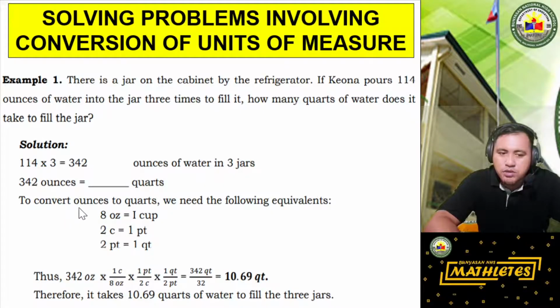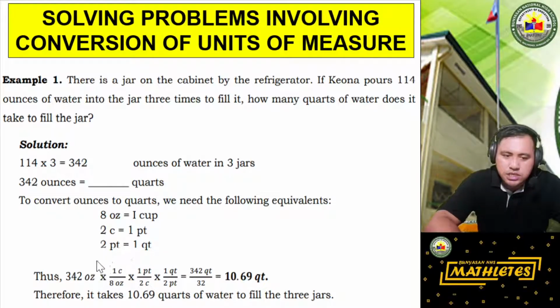So, to convert ounces to quarts, we need the following equivalents. 8 ounces is equal to 1 cup. 2 cups is equal to 1 pint. 2 pints is equal to 1 quart.